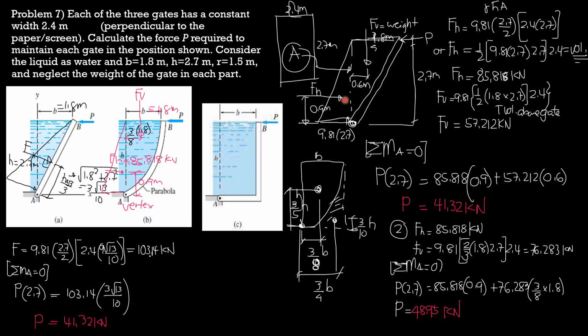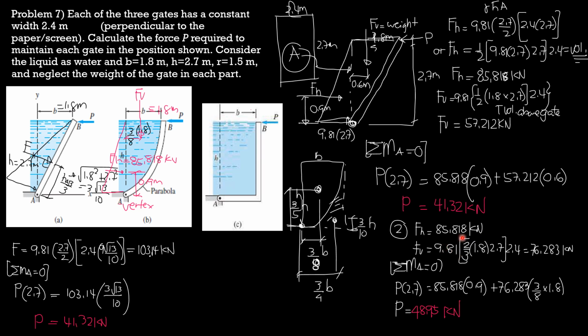It may be volume or gamma barred H times projected area, so it is still 85.818 kilonewtons. It is only FV that changes because this time FV is the weight of liquid or water above this curved surface, and because the curve is a parabola, the volume is area of parabola times width perpendicular to the screen, which is 2.4.